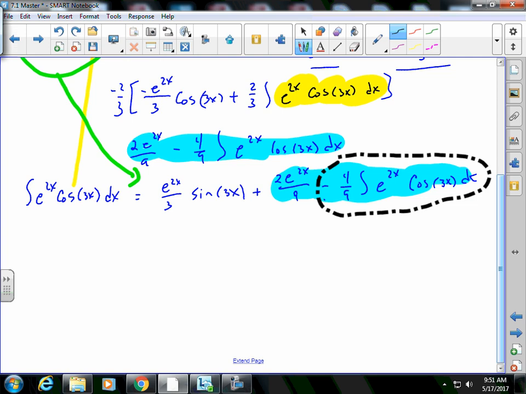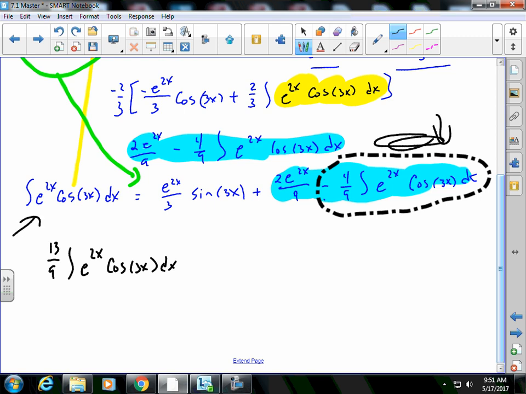So I'm going to add 4/9. 1 plus 4/9 is 13/9 integration e to the 2x cosine 3x dx. Again, I took this part here and added it to this part here. They're like terms. And that's now equal to e to the 2x over 3 sine 3x plus 2e to the 2x over 9. Well, we're almost done.